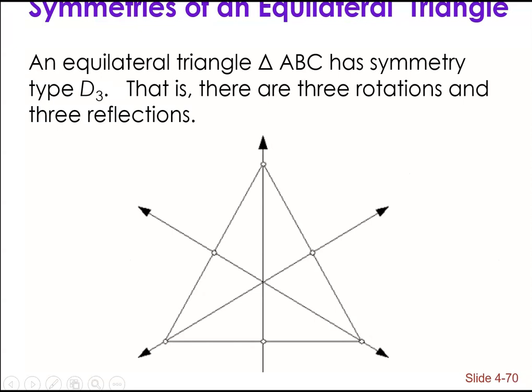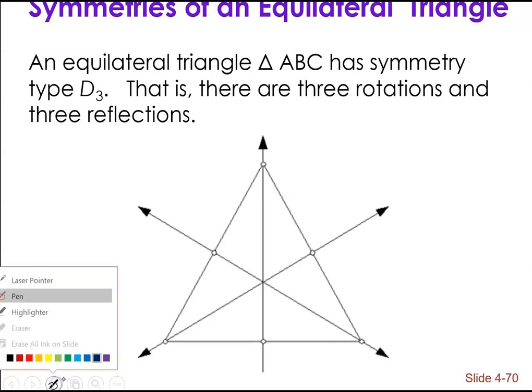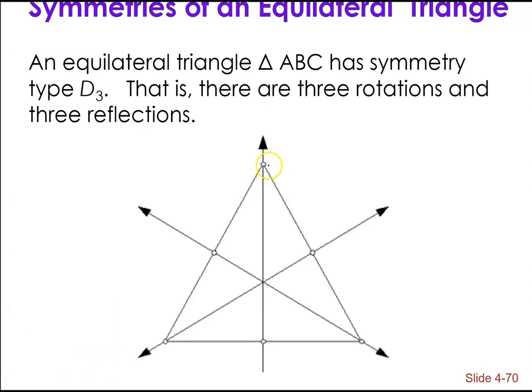Now let's go back to the equilateral triangle. Equilateral triangle ABC has symmetry of D sub 3, so 3 rotations and 3 reflections. So here are the 3 reflections. Let's think about what it would be for the rotations. With our rotations here, I have to move this vertex to here and then move it here.